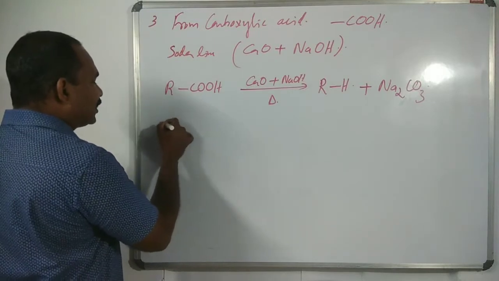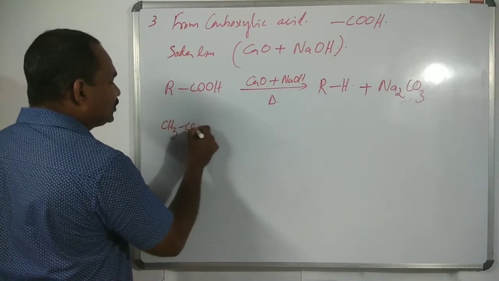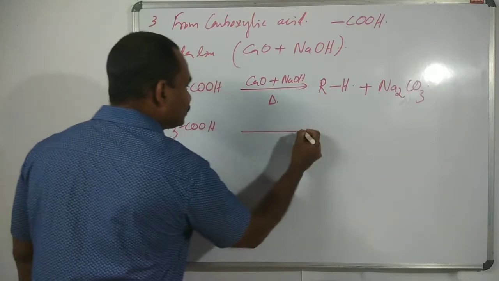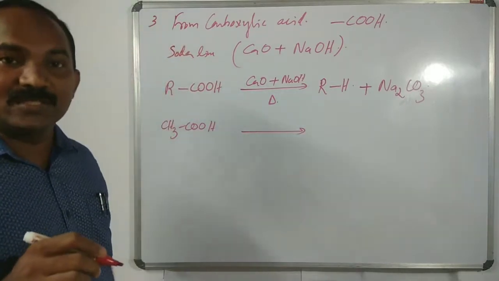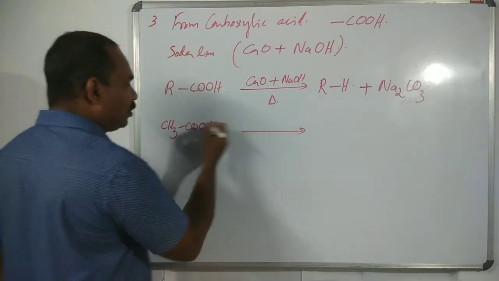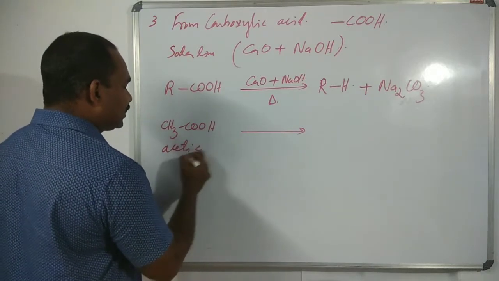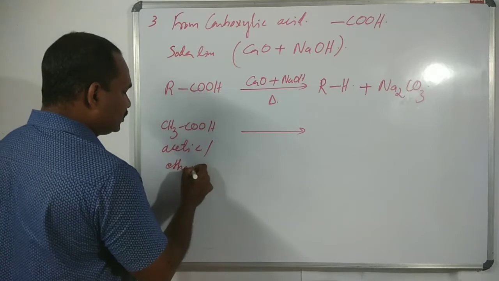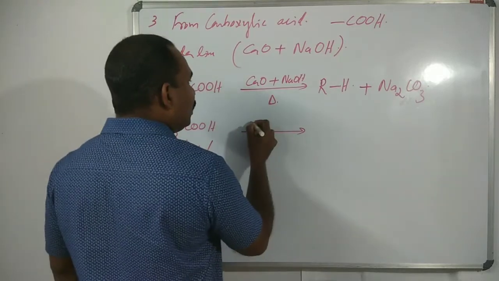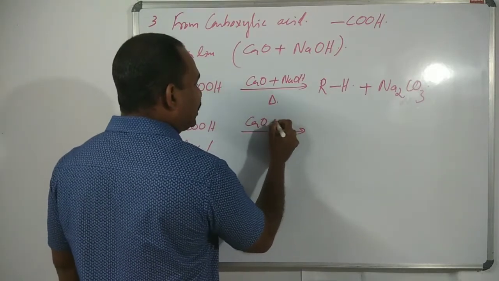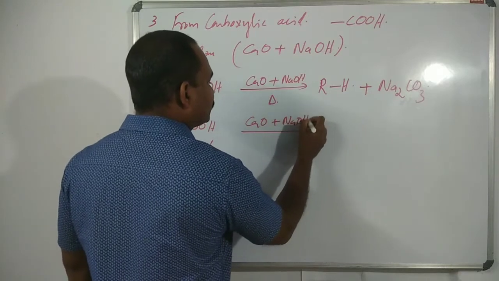Let's take one particular example: CH3COOH, ethanoic acid or acetic acid, with calcium oxide plus NaOH.